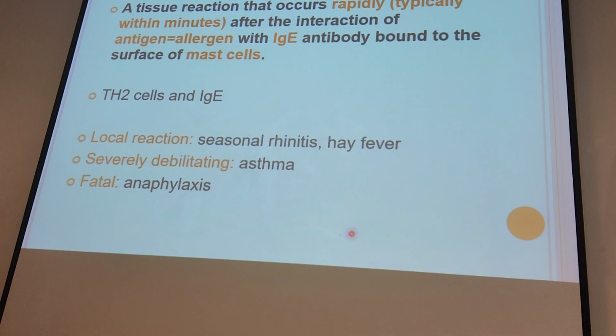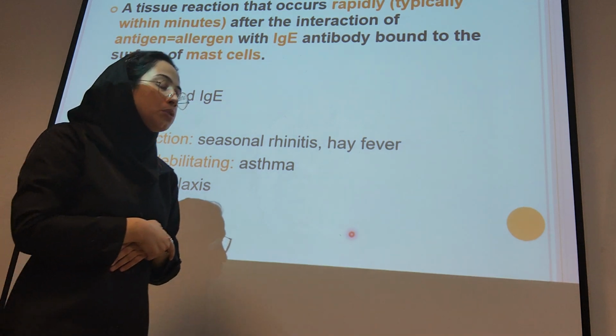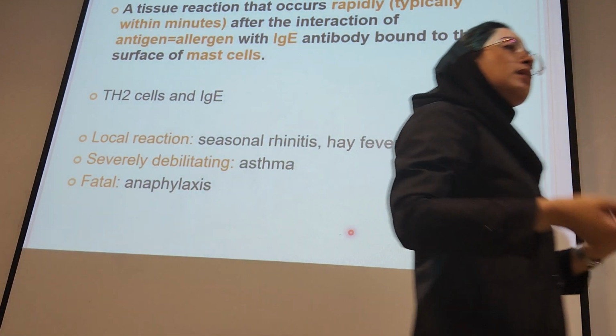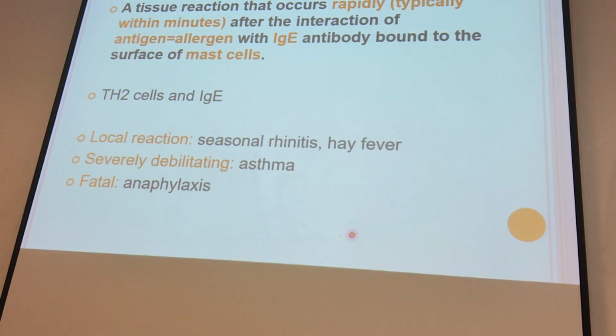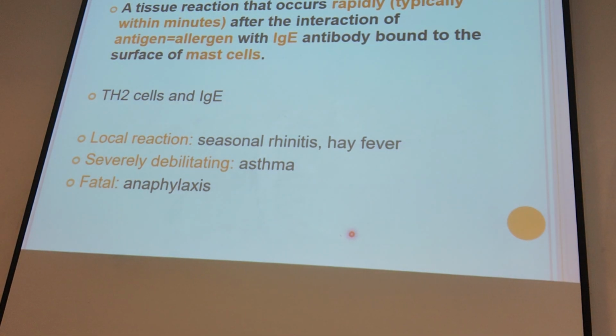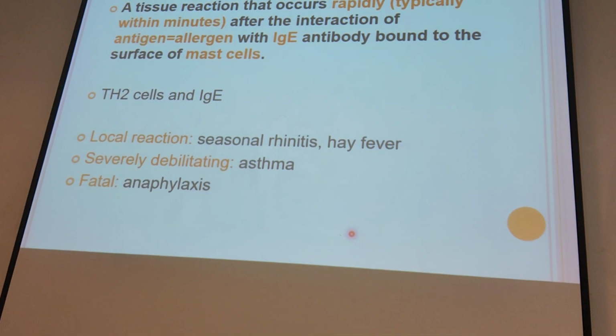For example, in asthma, okay, and sometimes they can be fatal. Have you ever seen, for example, patients who, after eating a special kind of food, have dyspnea, difficulty breathing, and a shock state, they faint?